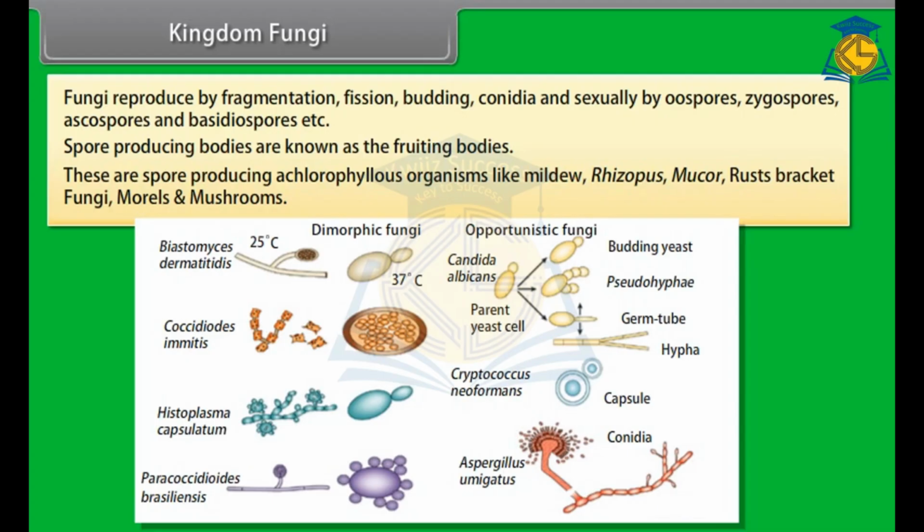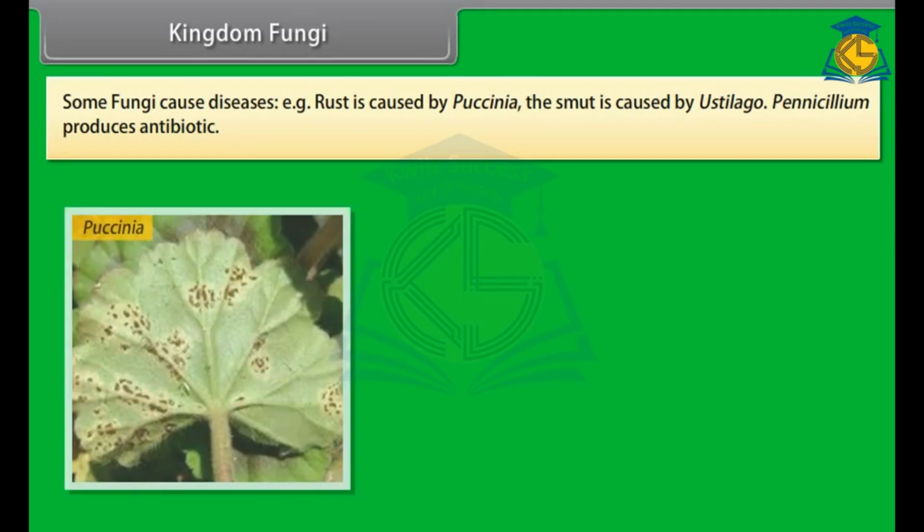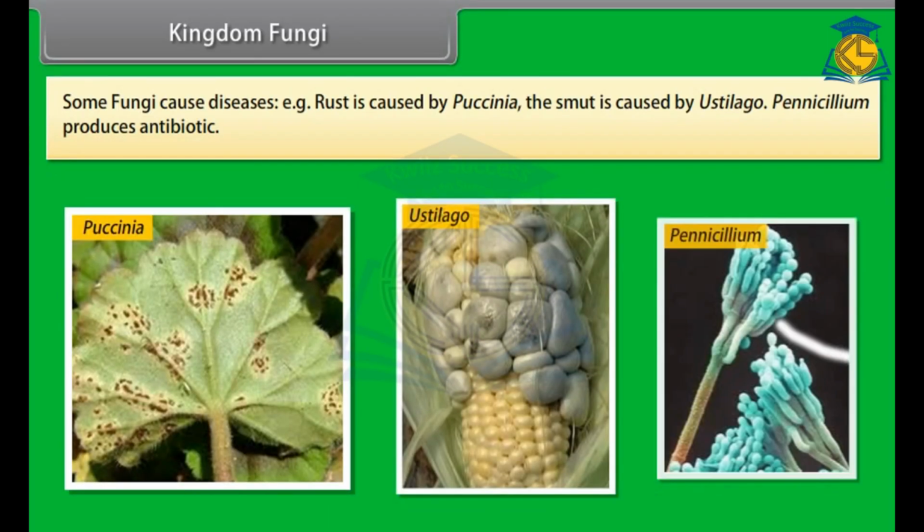These are spore-producing achlorophyllous organisms like mildew, Rhizopus, Mucor, rusts, bracket fungi, morels, and mushrooms. Some fungi cause diseases. For example, rust is caused by Puccinia, smut is caused by Ustilago, and Penicillium produces antibiotics.